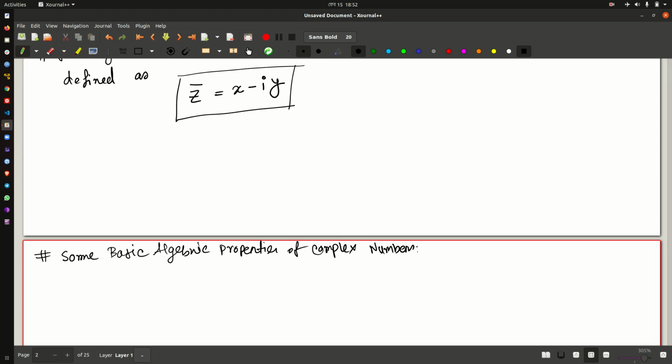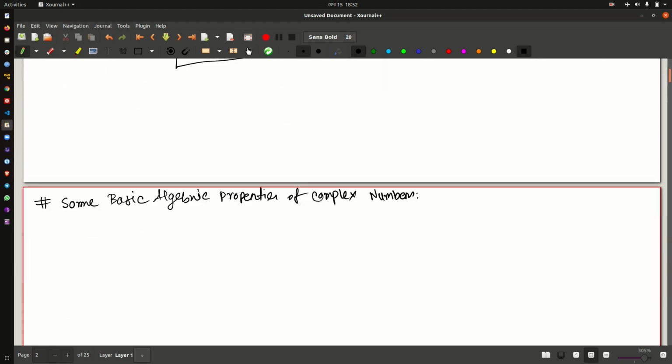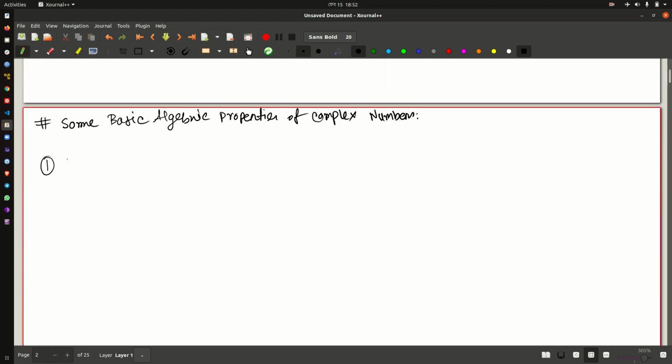So the first thing is very natural, and it's called addition. So let's say you have two complex numbers, z1 as x1 plus iy1, z2 as x2 plus iy2, and you want to add them.